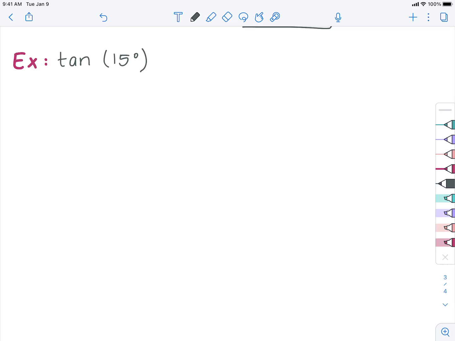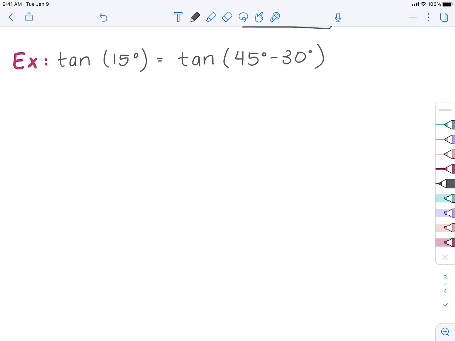So we need to think of what can we use to get 15 degrees from our unit circle. What can we add together to get 15? Nothing, because 30 and 0 are our smallest numbers on our unit circle, and 30 plus 0 is not going to give us 15. So we're going to have to subtract. So we want to think, what can we subtract to get 15 degrees? And we could rewrite this as tangent of 45 minus 30.